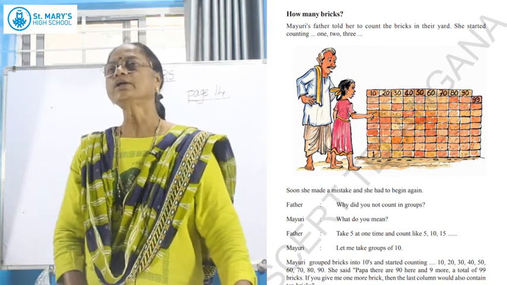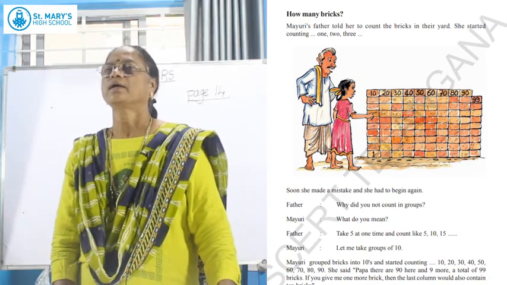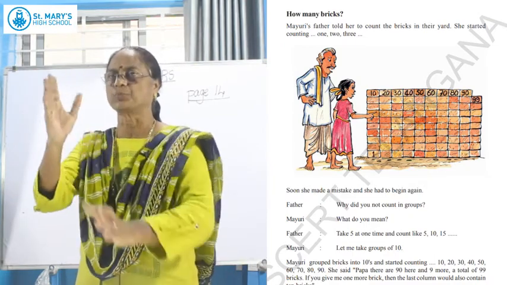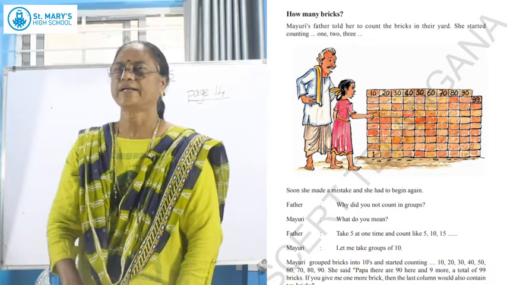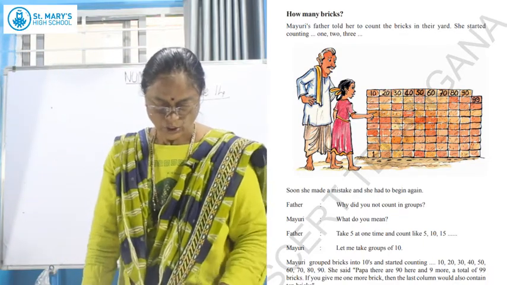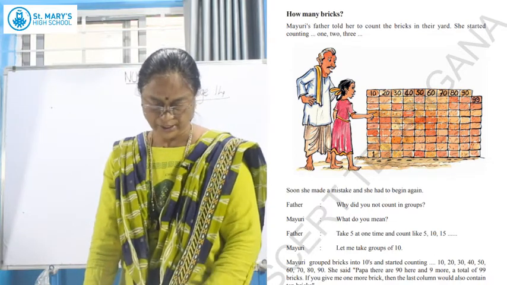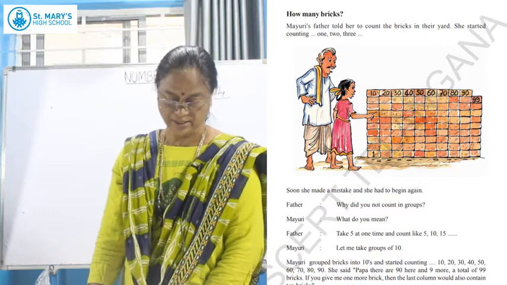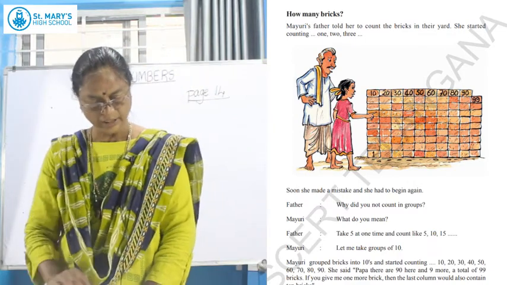So what did they do? They laid the bricks in groups of 10. It is not groups of 5, it is groups of 10. See the question there. Soon she made a mistake and had to begin again. Father says, why did you not count in groups?